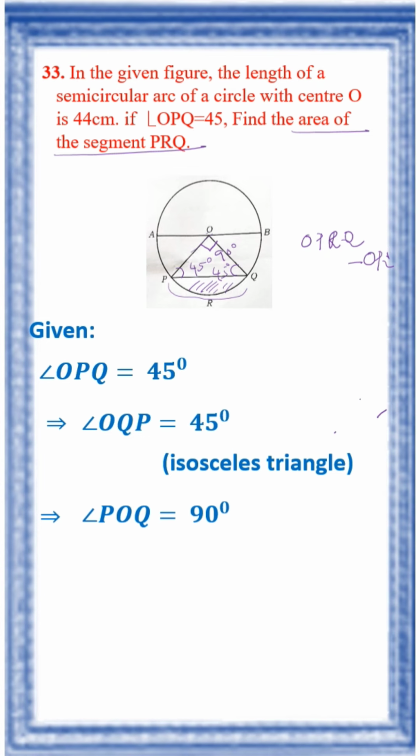So now we have to find theta. Here theta is 90 degree. So this OPRQ becomes what? Quadrant. So area of segment PRQ is area of the quadrant OPRQ minus area of the triangle OPQ.